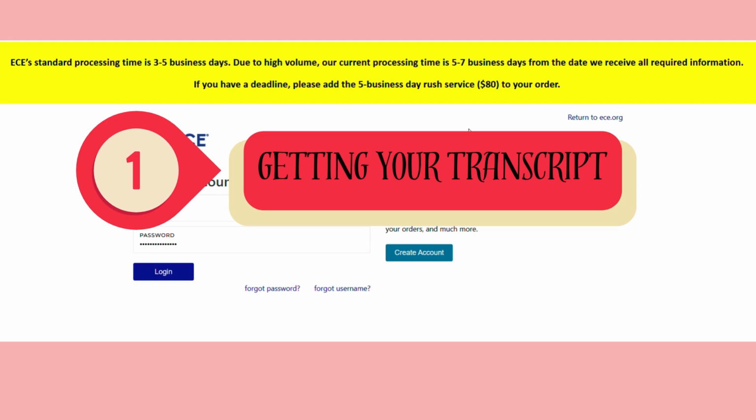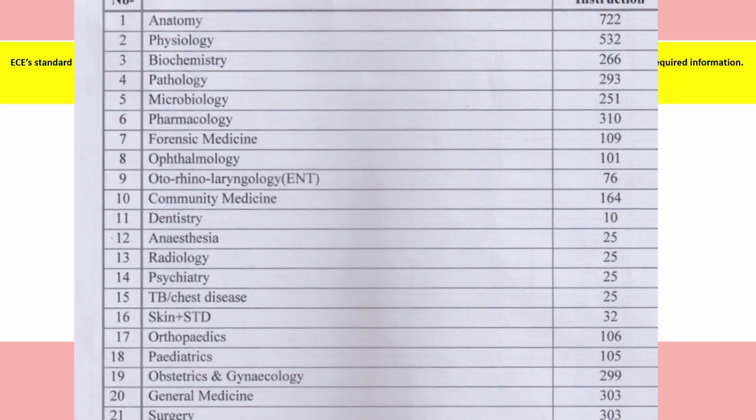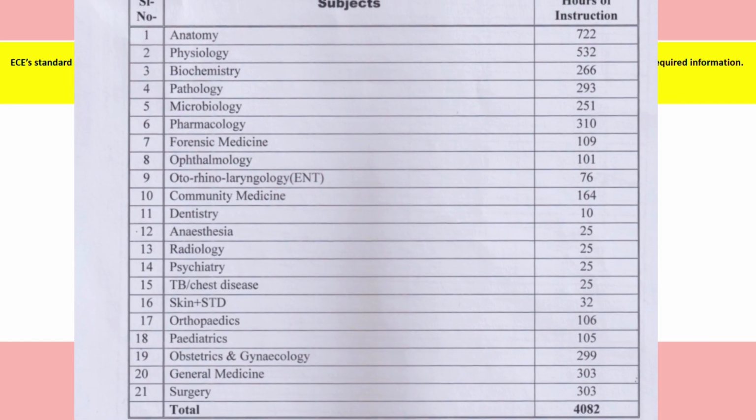Many people have been asking about the transcript and the format of the transcript. The transcript is basically a 3-page document, which I got from my university. I'll show the format here.